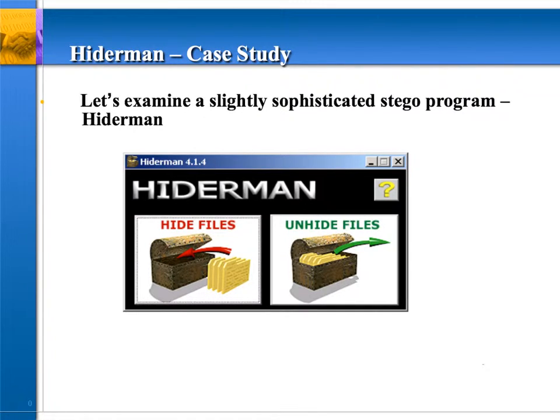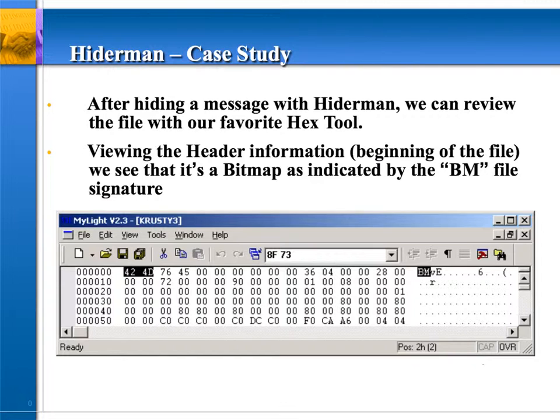So this one has two things you can do. You can hide files and drop a file on the left side, or you can unhide a file. Hiderman also gives you a hexadecimal viewer of a bitmap, and you can review the differences in a hex file from the modified file.